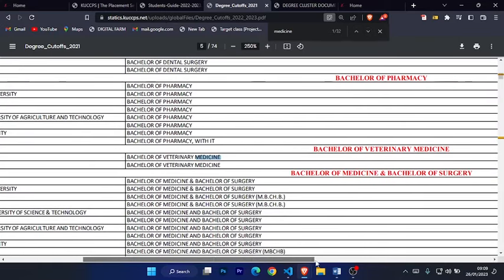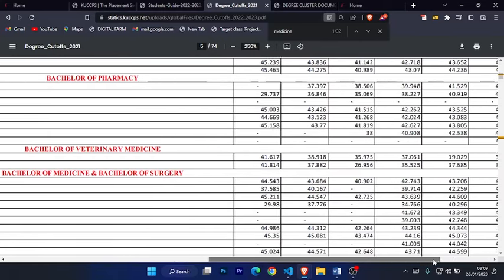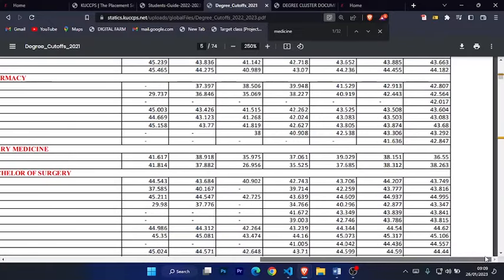We go to Egerton medicine. The entry points were 36.1, 36.55 for you to get into Egerton University School of Medicine and pursue medicine. 38 for University of Nairobi, 38.263.